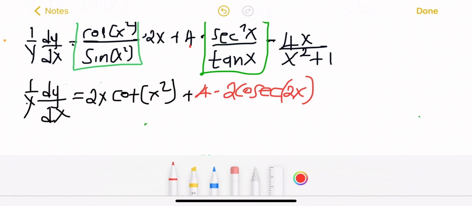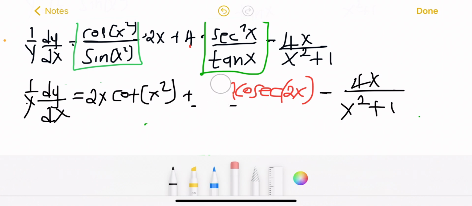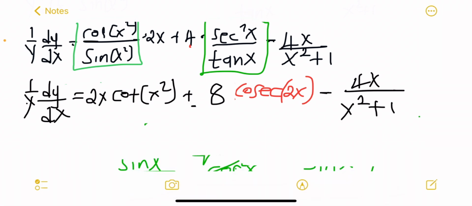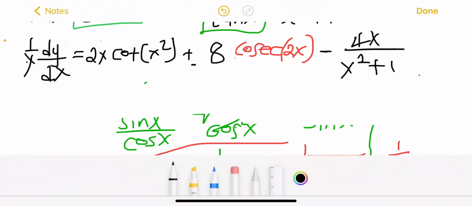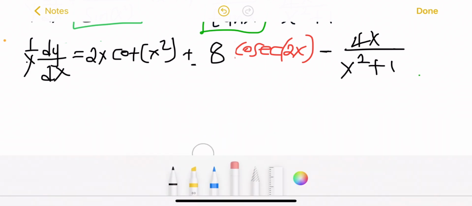And then minus 4x over x squared plus 1. So now we just have to take y. Before we do that, we know 4 multiplied by 2 will be equal to 8. This means we'll have 8 cosecant of 2x. And now we just simplify.